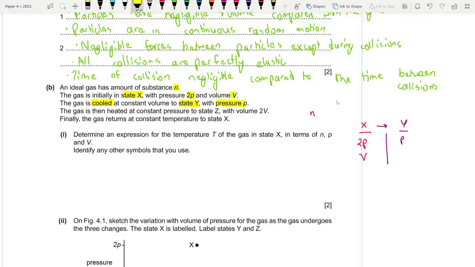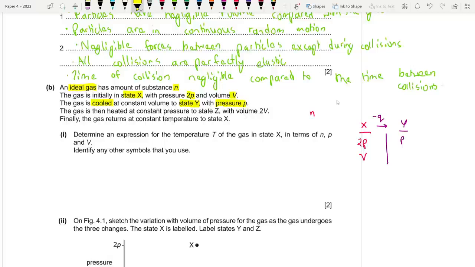And then it is heated. So in this state, since it was cooled, it was minus Q. And by the way, it is an ideal gas, so it has no potential energy. Internal energy totally depends on the temperature.